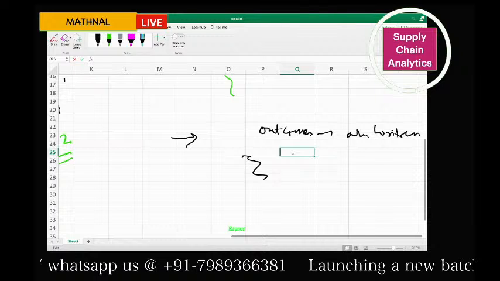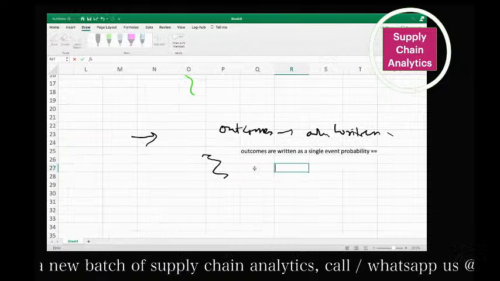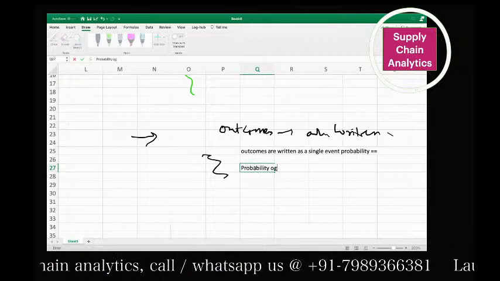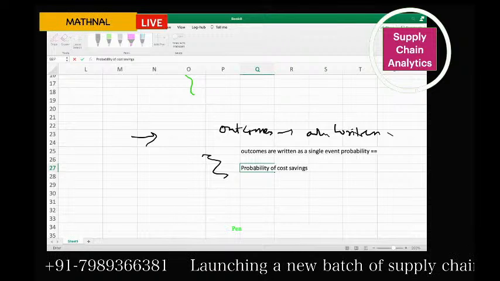So the first one is the probability of cost savings. Less than 2%.